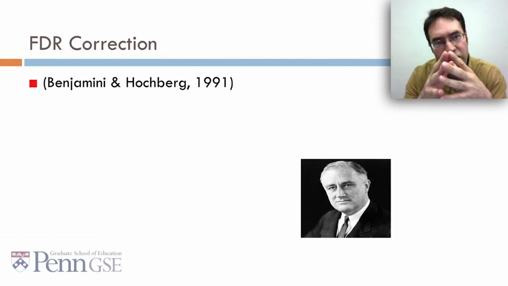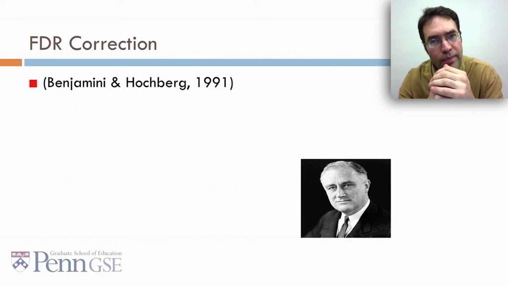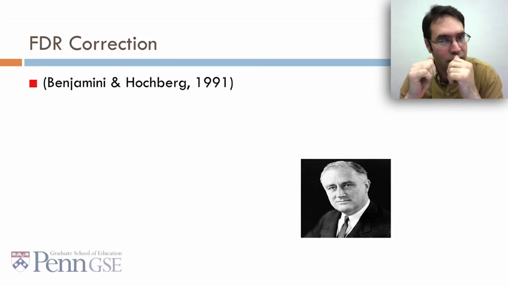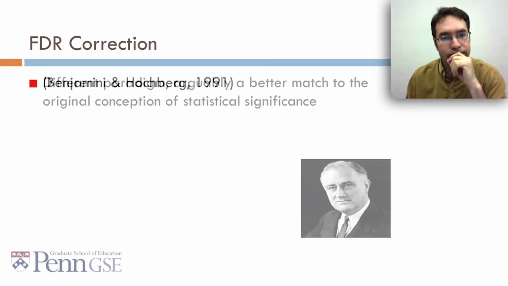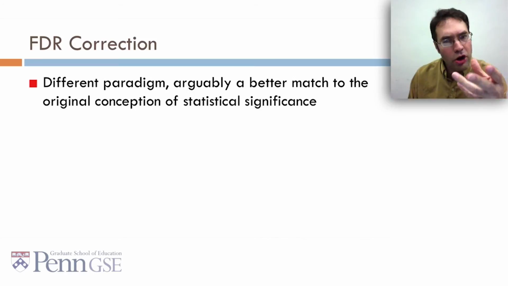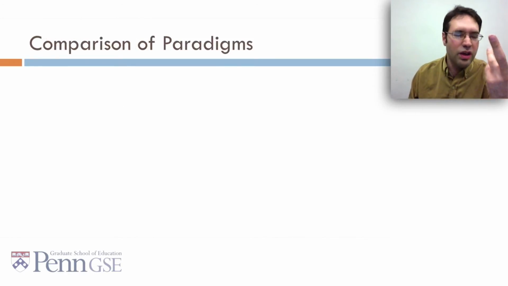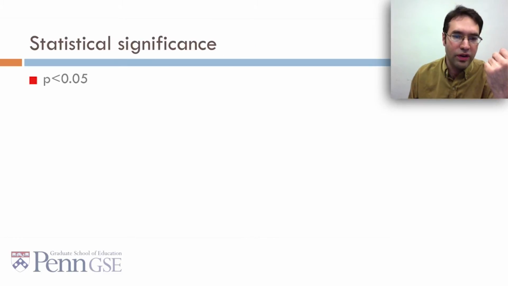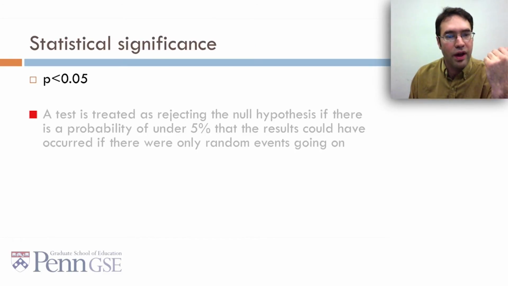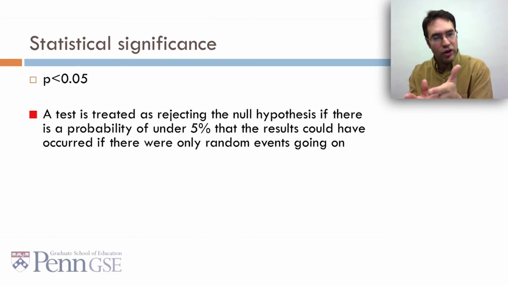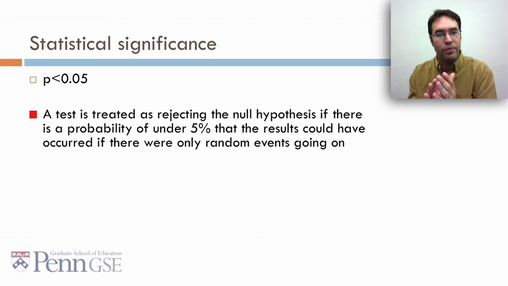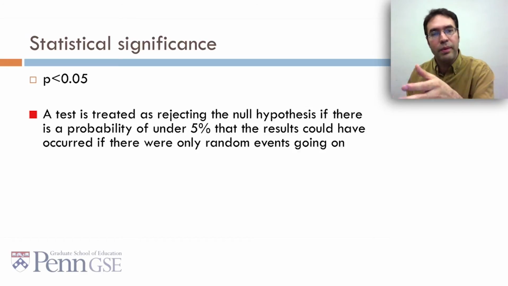By contrast, there's the FDR correction, which was proposed by Benjamini and Hochberg. We see there a picture of FDR. It's a different paradigm, arguably a better match to the original conception of statistical significance. Because the original conception of statistical significance is you want p of less than 0.05, which means that you treat a test as rejecting the null hypothesis if there's a probability of under 5% that the result could have occurred if there was only random events going on.